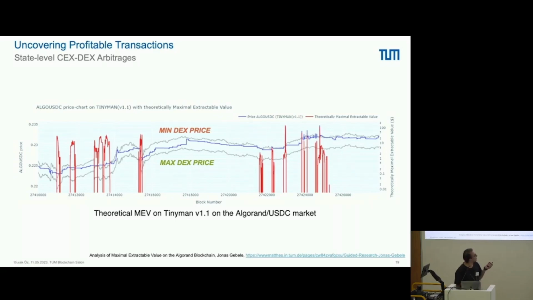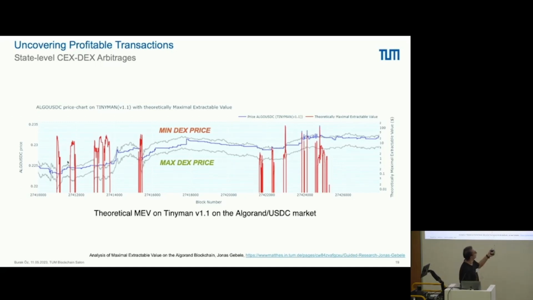Basically here we can see that the gray lines, I hope you can see them, represent the minimum or maximum DEX price with respect to a spot price, so that there is actually a profitable arbitrage opportunity. The blue line is the DEX price, so whenever it's outside that gray range, given a spot price, the DEX price is expensive enough that someone should attempt the arbitrage and can make value.